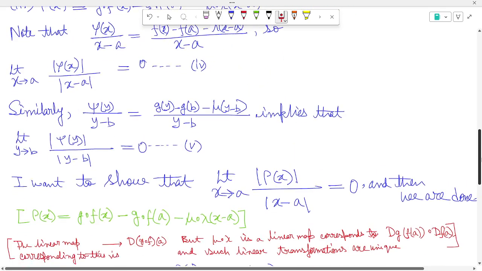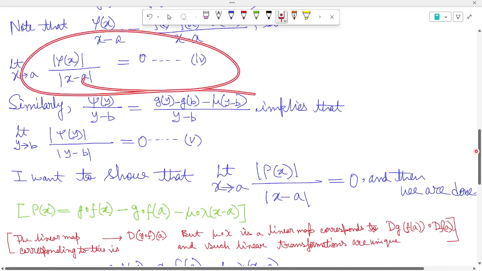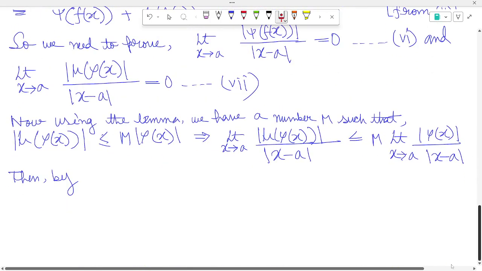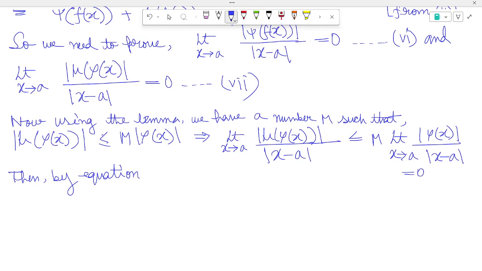Yes, by 4. Then by equation 6 equal to 0.